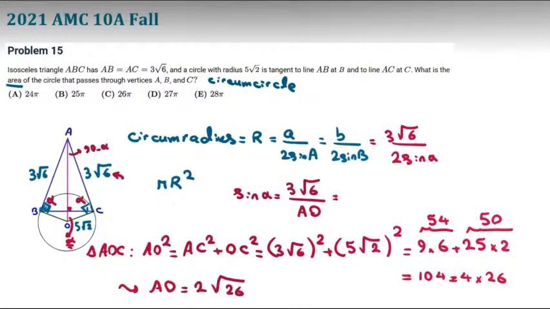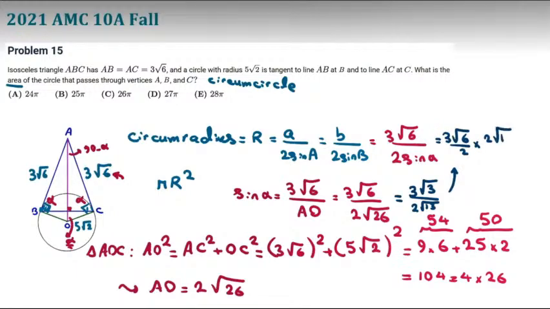So if I replace it here, it will be 3 root 6 over 2 root 26. Let me erase these things. Or let's write with different color. It will be root 6 root 26. You can divide by root 2. It will be 3 root 3 over 2 root 13. If I replace it here, it will be 3 root 6 over 2 sine alpha. 1 over sine alpha will be 2 root 26 over 3 root 6.